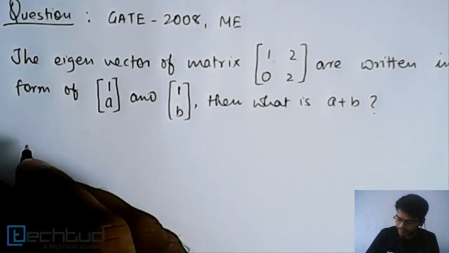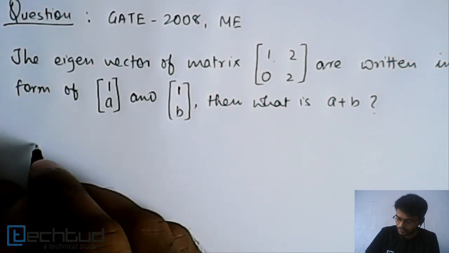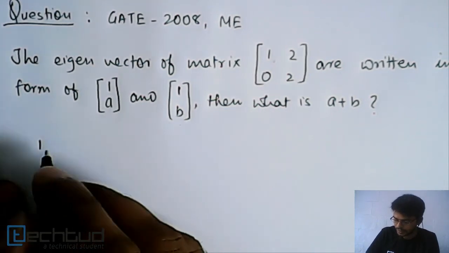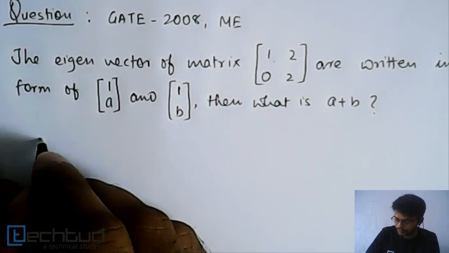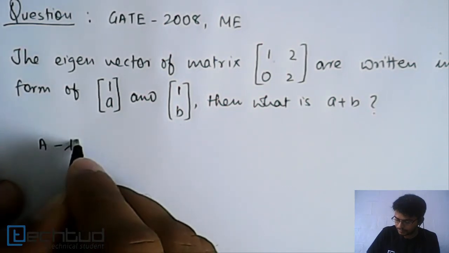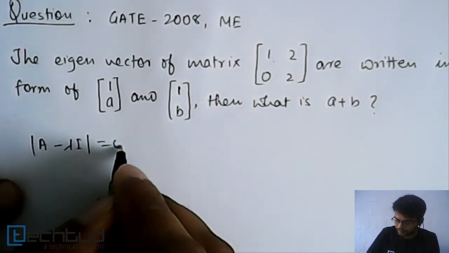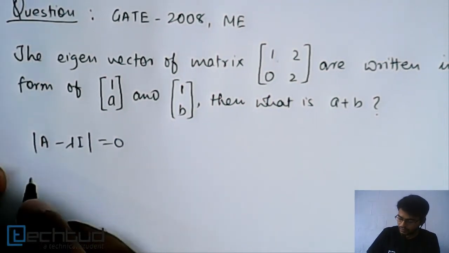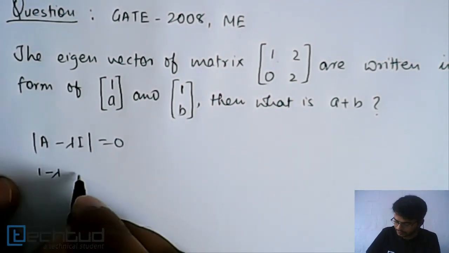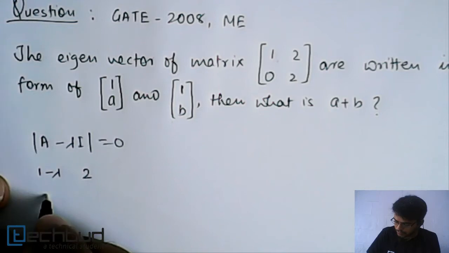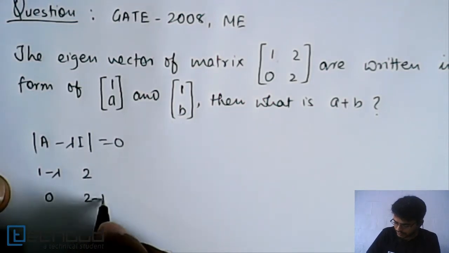First of all, we will have to find out the eigenvalues. To find out the eigenvalues, as we know, we will follow A minus lambda I, and the determinant should be equal to 0. So here 1 minus lambda, 2, 0, and 2 minus lambda.